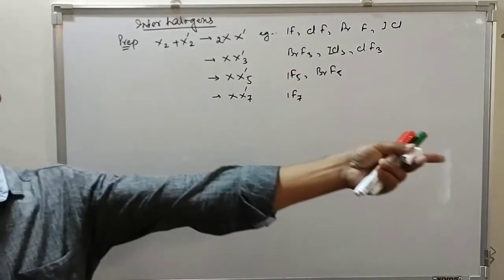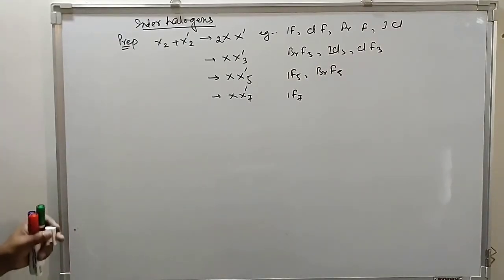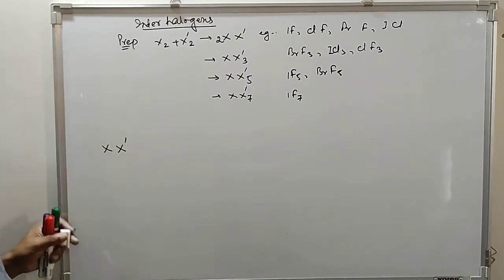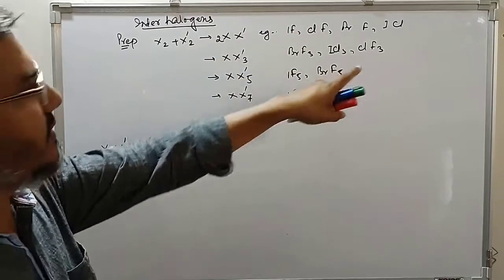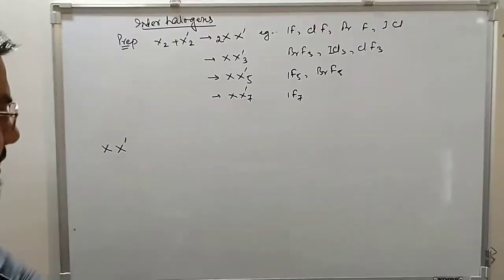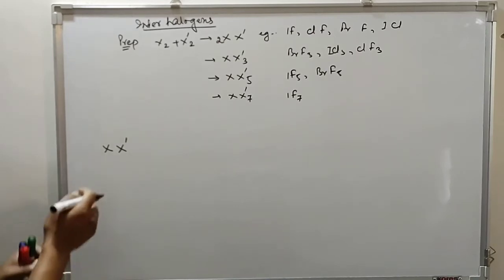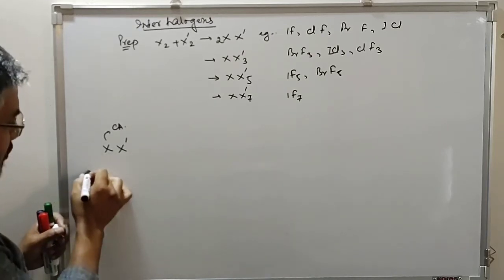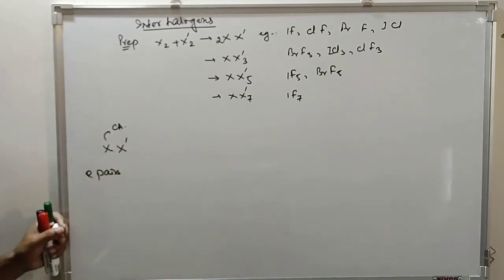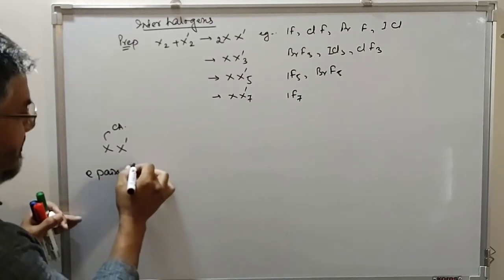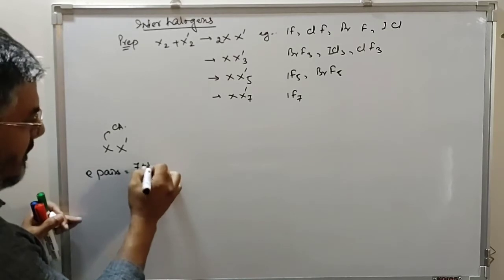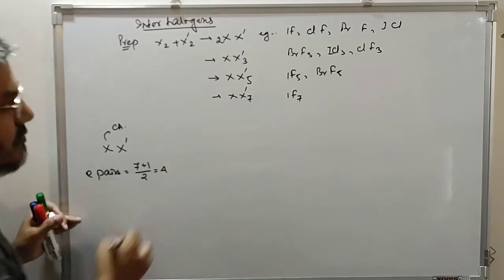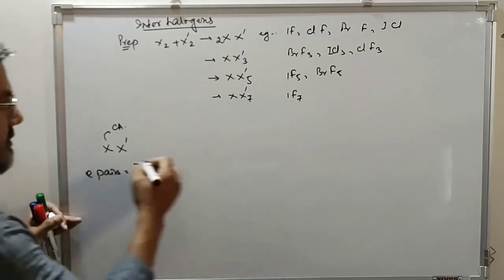Now let's discuss the structure of these. XX prime type. X prime is more electronegative, X is less electronegative, so the central atom is the less electronegative one. Electrons in the valence shell of this central atom are 7.